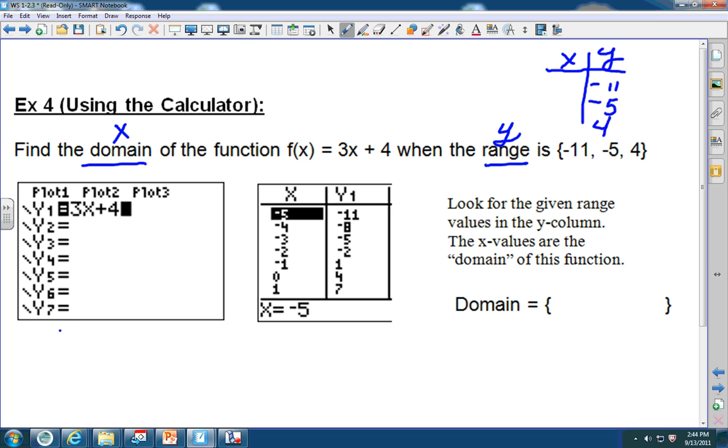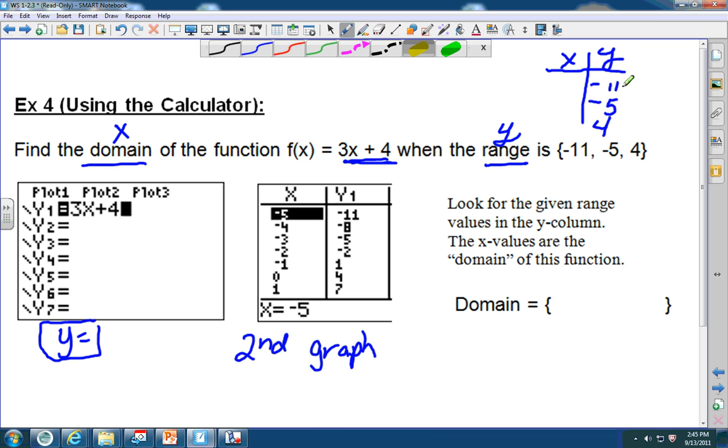Now you're going to go to y equals. You're going to put 3x plus 4 in the calculator. You're going to put this rule in there. Then you're going to press second graph, and you're going to be able to go and look. Okay, well, let's look first here. When y is negative 11, there it is, it's negative 5 and 4.